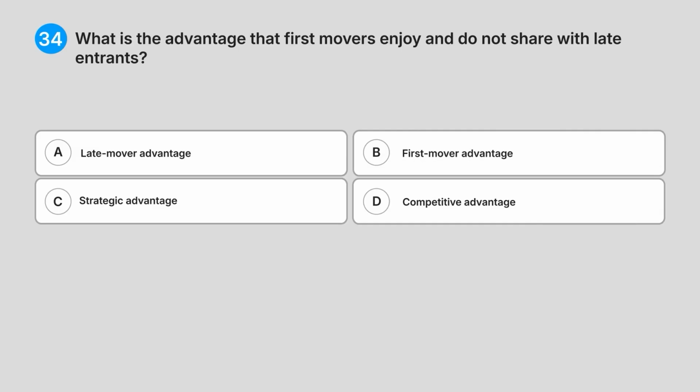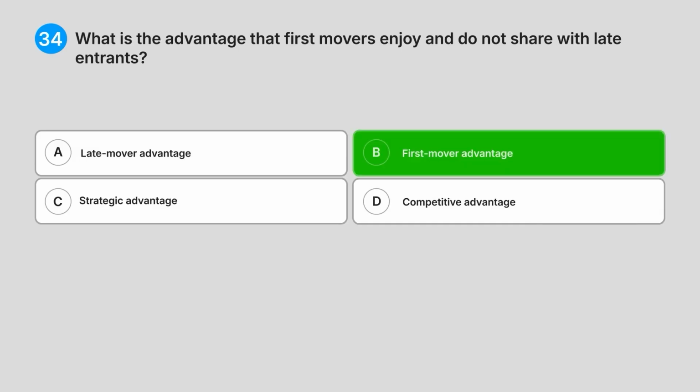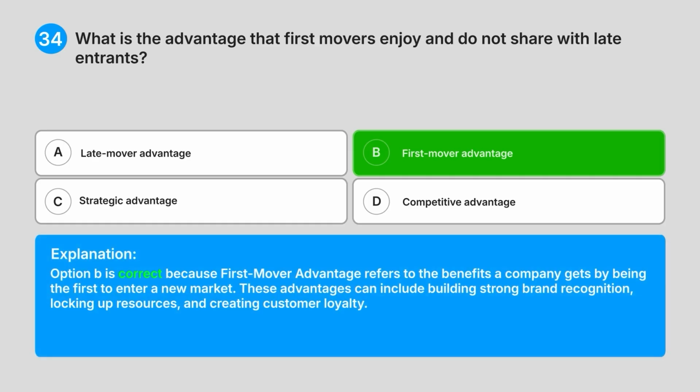Correct answer, B. First mover advantage. Explanation. Option B is correct because first mover advantage refers to the benefits a company gets by being the first to enter a new market. These advantages can include building strong brand recognition, locking up resources, and creating customer loyalty.